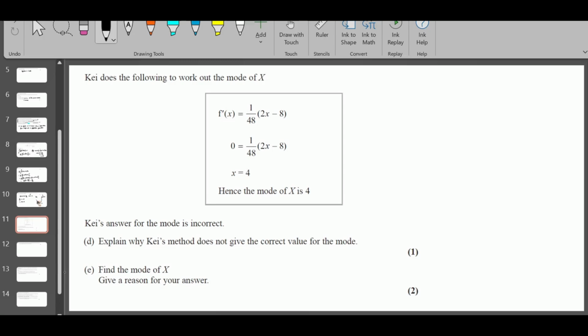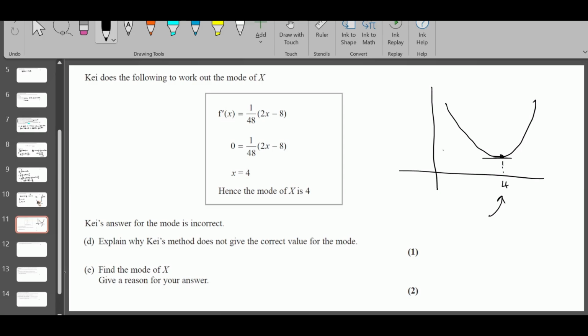Okay, when you take a probability density function, the mode is the point where the function takes the maximum value, the corresponding value of x. But here if you look at the PDF function, it's a positive quadratic. So when you find the turning point, you are not finding the mode actually. 4 is the point where the function takes the minimum value, not the maximum value.